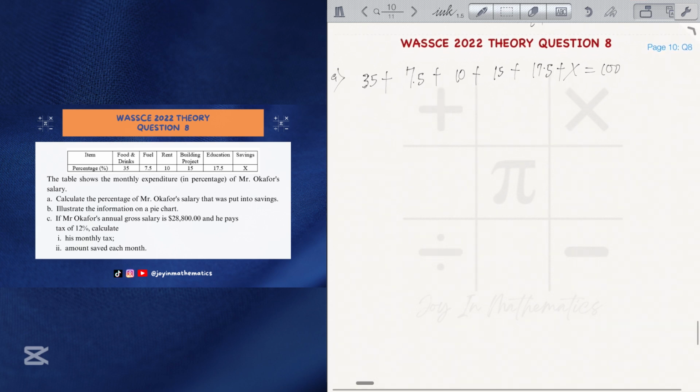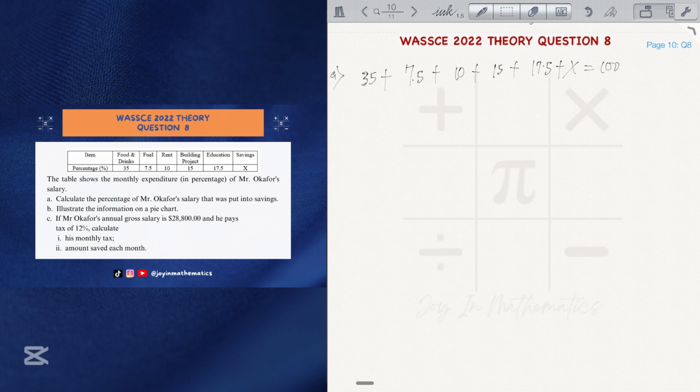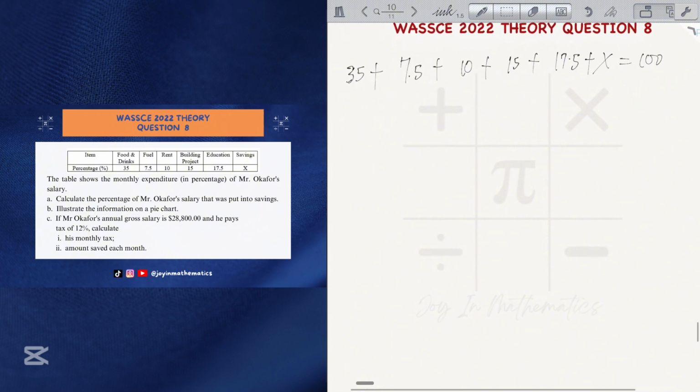With this, we can find the value of X, because that's the question: calculate the percentage of Mr. Okafor's salary that was put into savings. So all this is 85, plus X equals 100. So X equals 100 minus 85, which equals 15.